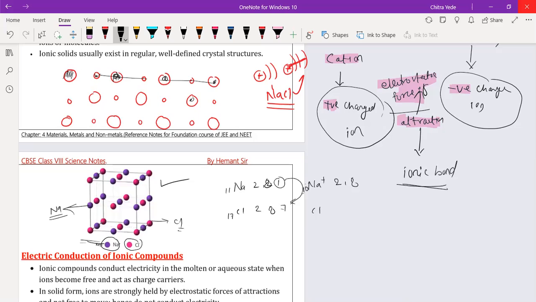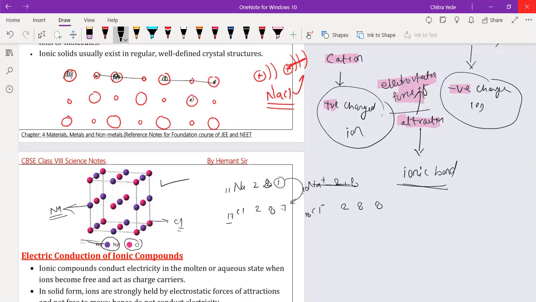And chlorine's own 17 plus 1 electron from sodium gives 18 electrons, and for that it has one extra negative charge. So its electronic configuration will be 2, 8, and 8. So in sodium we have only 2 shells.